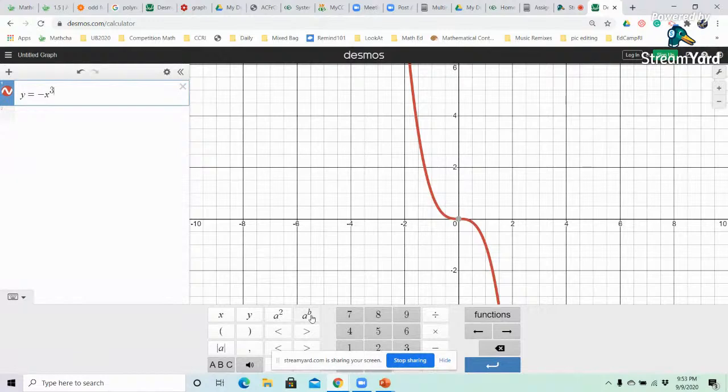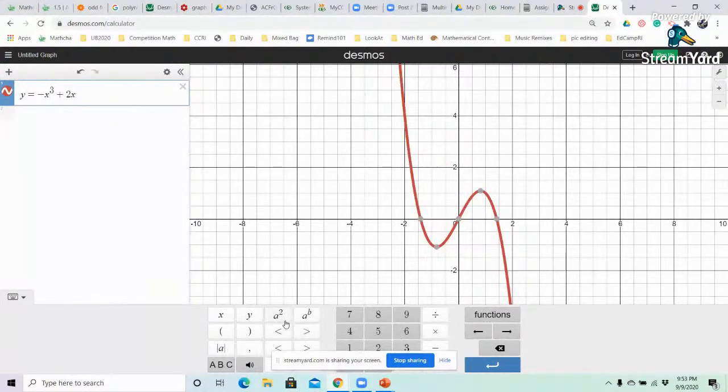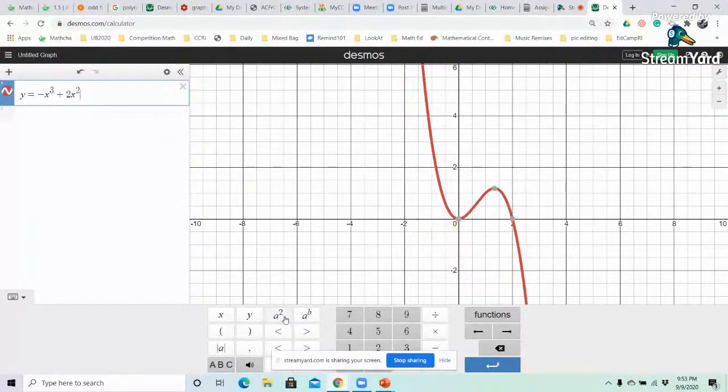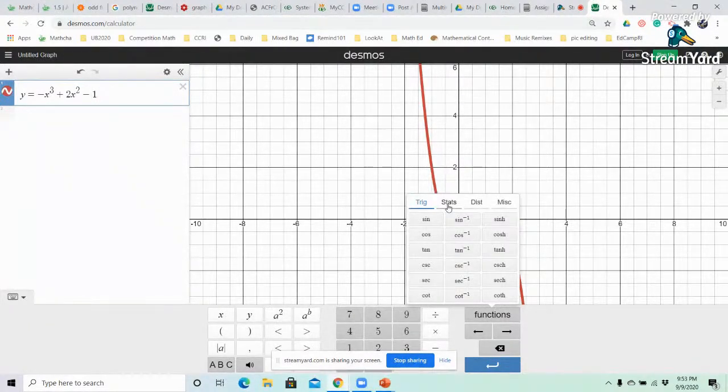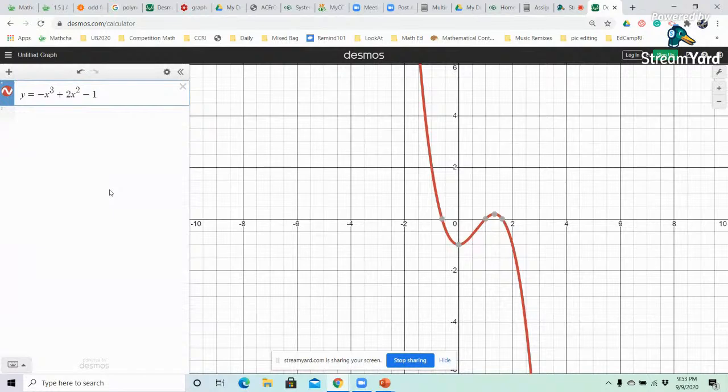Again, you still need to cursor out of it to the right, or you could use this arrow right here, which would do the same thing, plus 2x, and there is a button for squared, so you could just use that, and then plus 1. That's another way. I point that out not so much because you can't type it in using the shift 6 feature, but because there are also a lot of other types of graphs that we can build using Desmos in the future. So just showing that tool now.